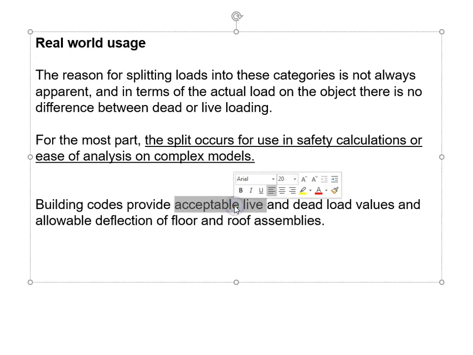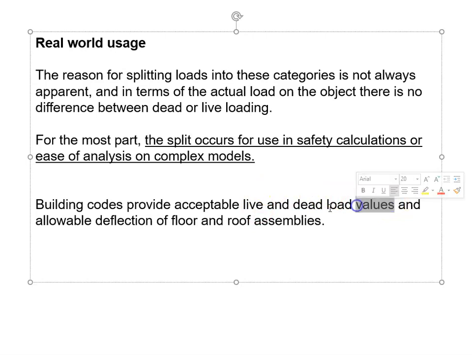Or the building code would say, based on all that information, you have to design a floor that is capable of supporting. All right, that's how that would be said. The building code takes a lot of factors into consideration, and then it says you must provide a floor that could support this load, a roof that could support this load, a building that could withstand this much wind. Okay, so it provides the values. Those are the values. You must build to these values.